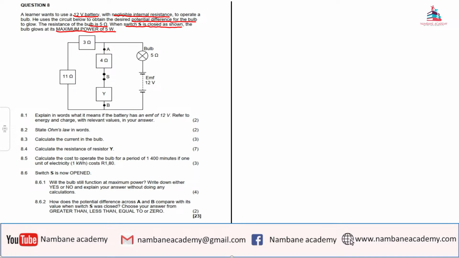Now, the very first question says, explain in words what it means if a battery has an EMF of 12 volts. Refer to energy and charge with relevant values in your answer. What the examiner is trying to ask here is actually a definition of EMF.